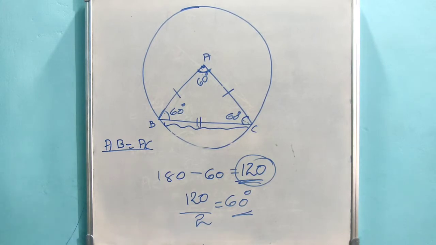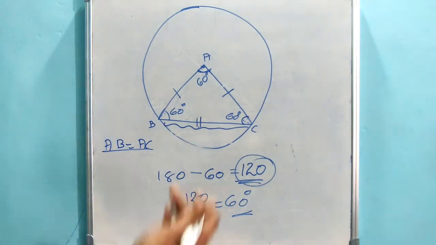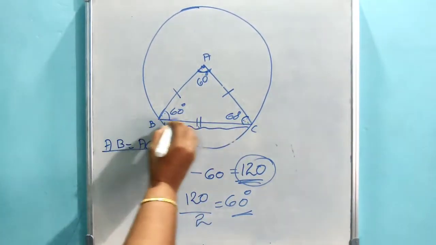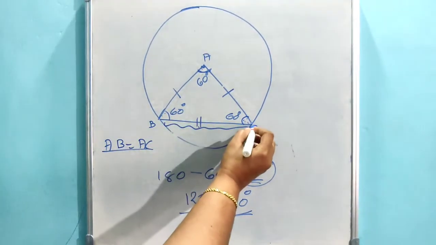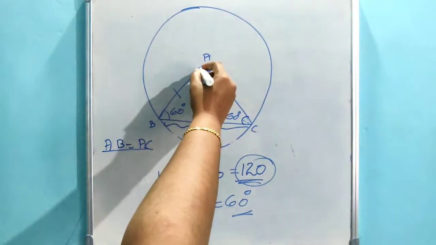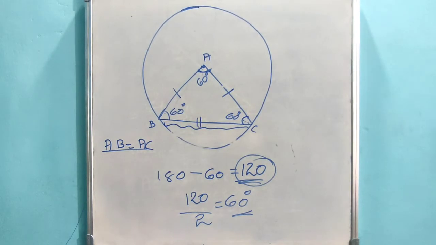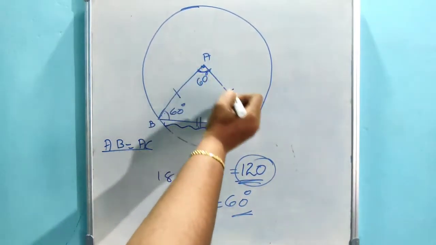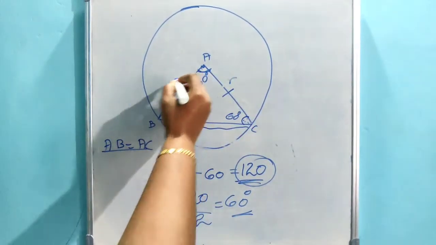So what can be understood from this? Yes, BC is a chord, and if the central angle of the chord is 60 degrees, then the length of the chord is equal to the radius of the circle, right?